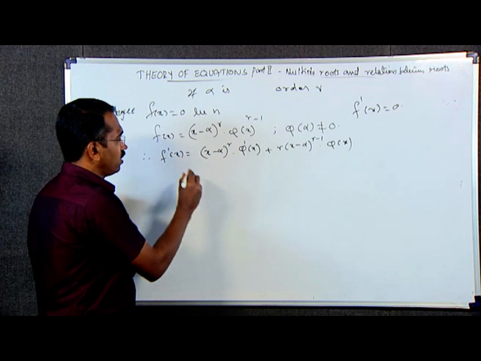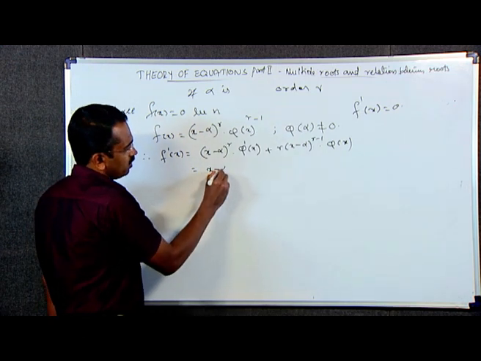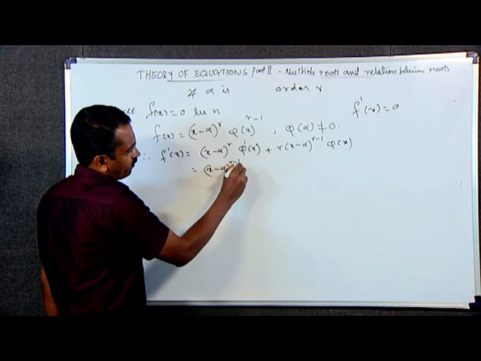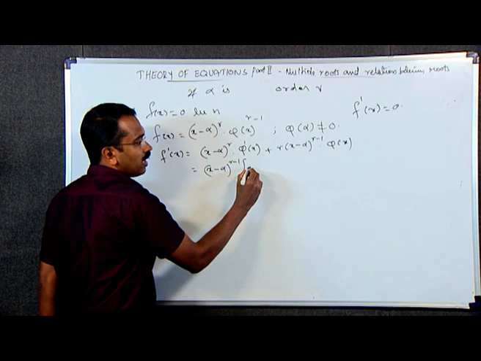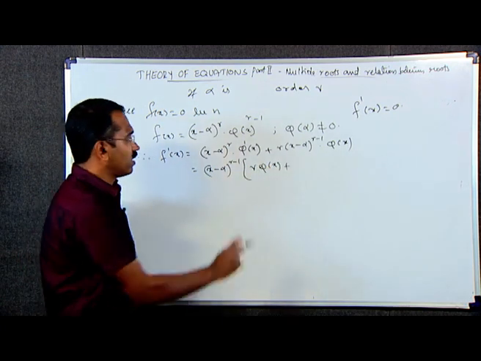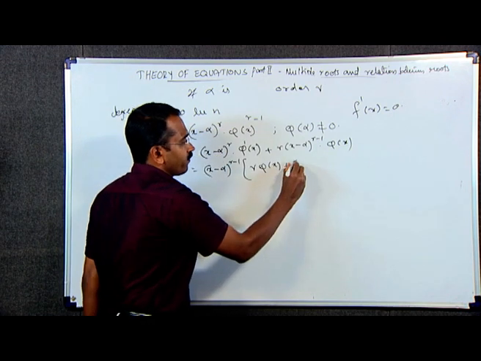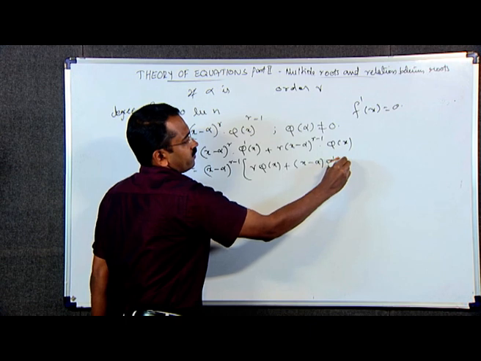that is equal to x minus alpha raised to r minus 1 into r into phi of x plus x minus alpha into phi dash of x.